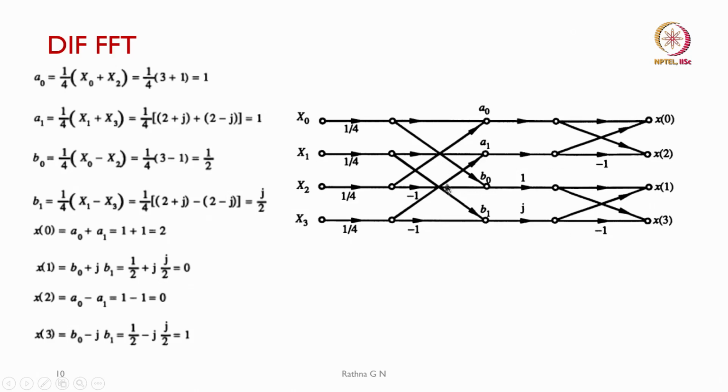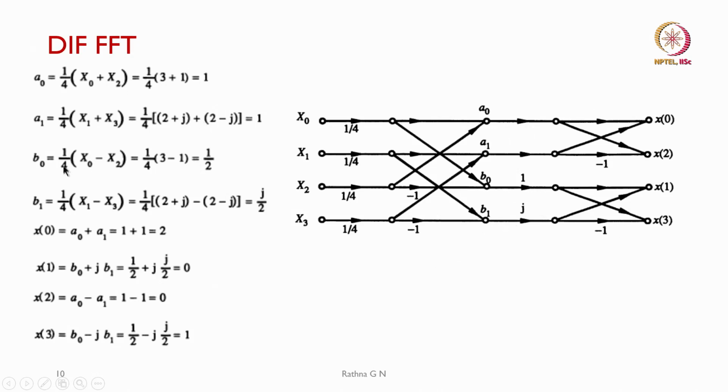And then the rest of the butterfly, you will be multiplying with minus 1 in the second part of it. The top one is going to have plus 1, as you can see here, plus 1 and here also plus 1. So, with this computation you will get back your output.